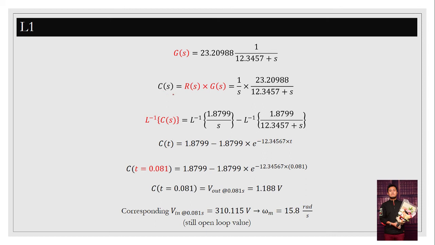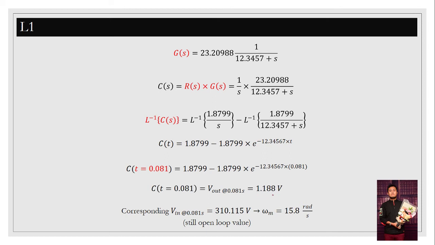So we have to build the transfer function for output with this formula RS multiplied by GS, and we have to use Laplace inverse so that from s it becomes t, so we can substitute the t here, and we got 1.188 volt.